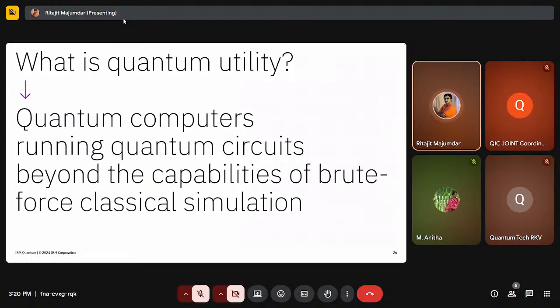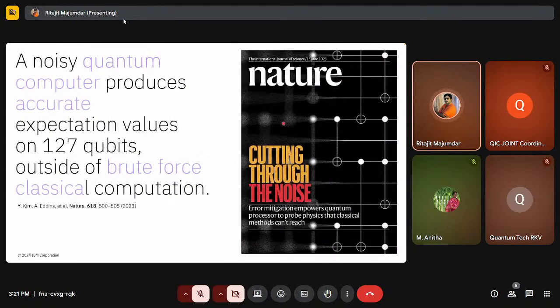Today we can do classical simulations on our laptop up to 32 qubits. Recently, I think two weeks back or so, there were some experiments where you could do classical simulation on an HPC up to 50 qubits. This paper, the "cutting through the noise" paper published in Nature, showed an accurate estimation of expectation values on 127 qubits.